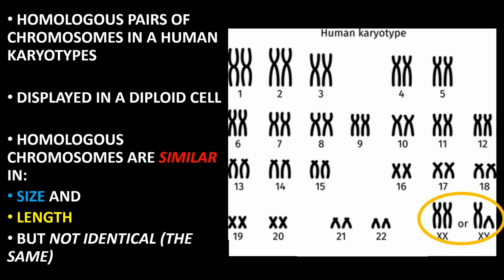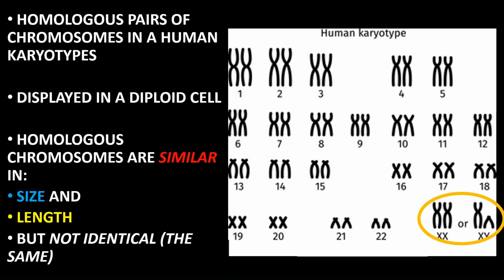Now, if you look at position 23, which is not labeled, you realize that there is something special about them. If you look at chromosome 1 to 22, mostly they are very similar. You have two similar chromosomes occupying the same position, except position 23.